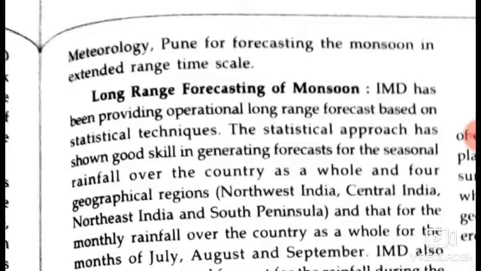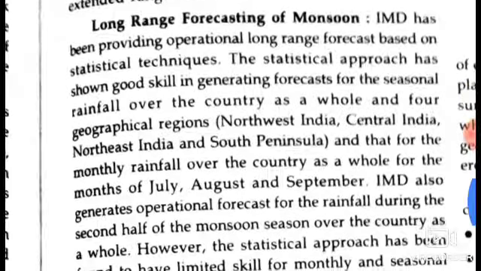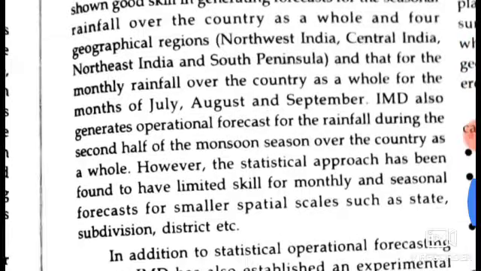Long-range forecasting of monsoon. IMD has been providing operational long-range forecasts based on statistical techniques. The statistical approach has shown good skill in generating forecasts for the seasonal rainfall over the country as a whole and for geographical regions: Northwest India, Central India, Northeast India and South Peninsula, and for the monthly rainfall over the country as a whole for the months of July, August and September.